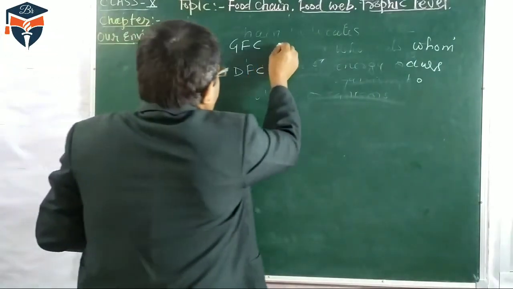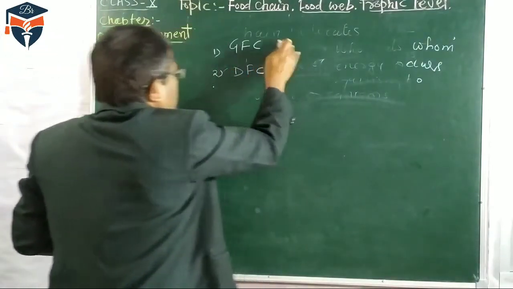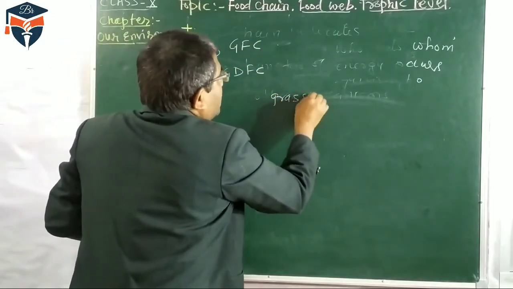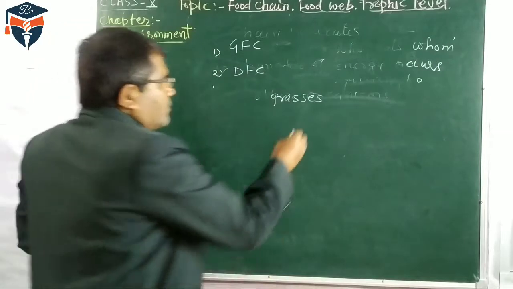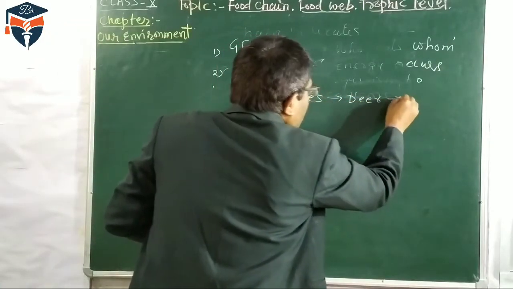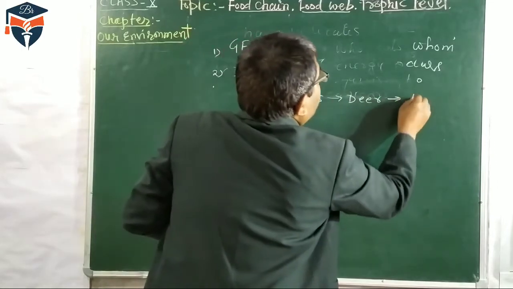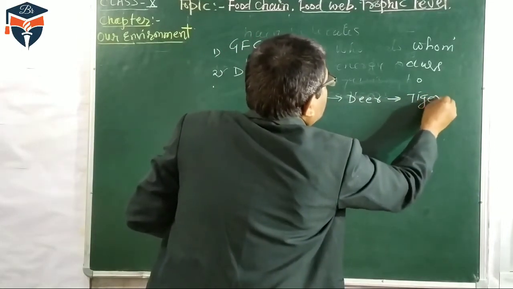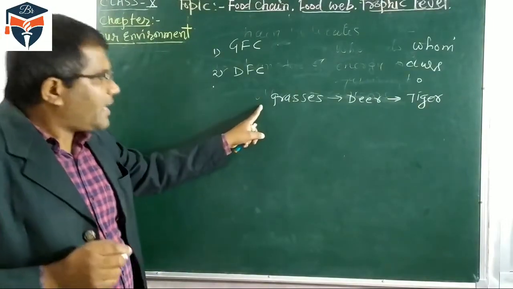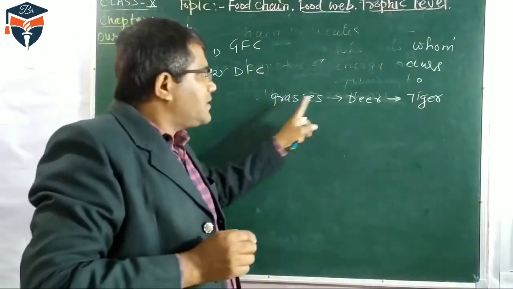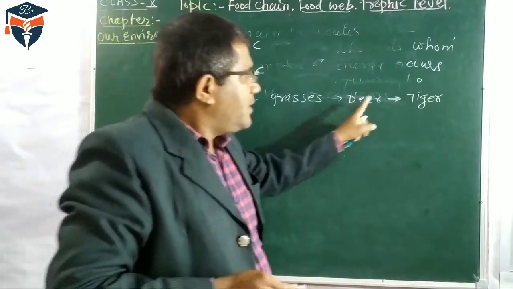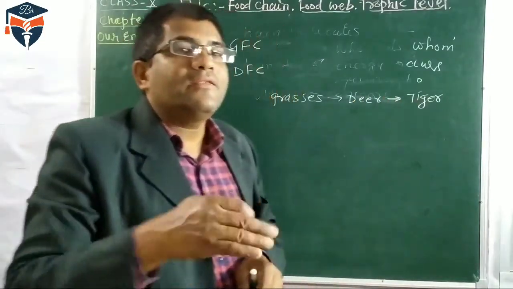Let's understand the grazing food chain. This is a chain where grasses are fed on by deer, and deer are fed on by the tiger. Here the primary producer is the grass, which is fed on by another organism, the deer, and the deer is fed on by the tiger.